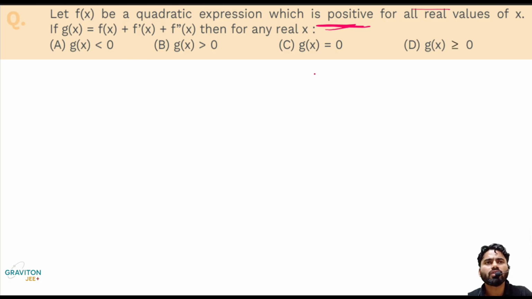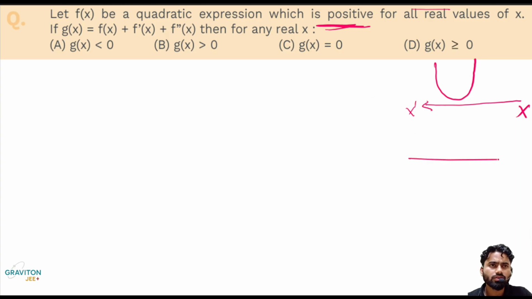So what type will f(x) be? It takes only positive values, so f(x) will lie above the x-axis, and since f(x) is quadratic, it looks something like this, for all real values of x.